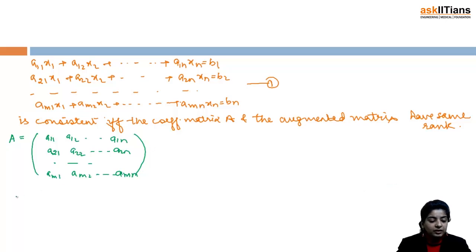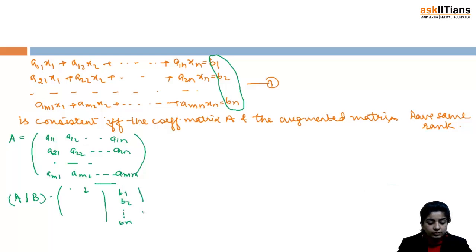Now the augmented matrix is when we write down A, put a bar in between, and then B. What is B? B is the matrix of constants. So you take the matrix A and then put the corresponding matrix of constants. This is the augmented matrix.